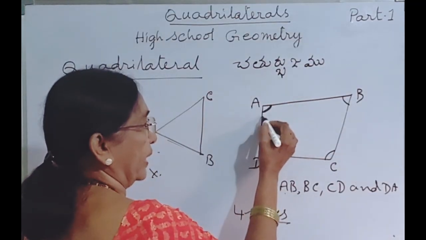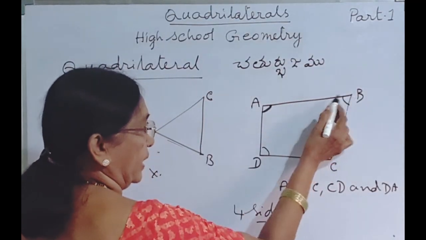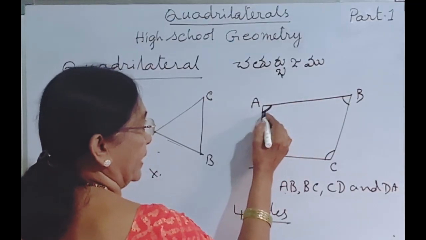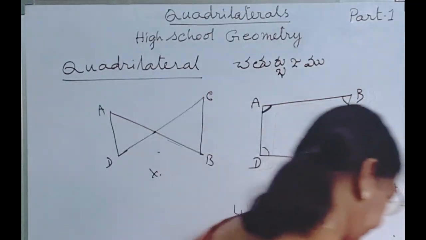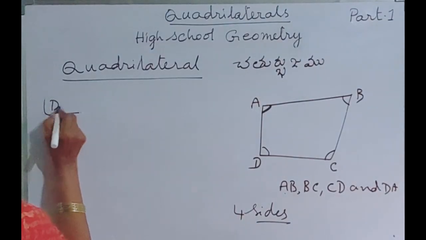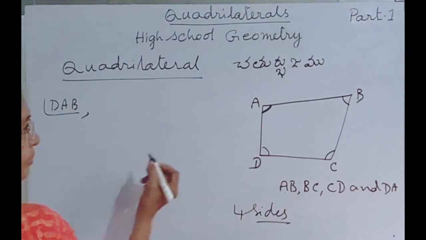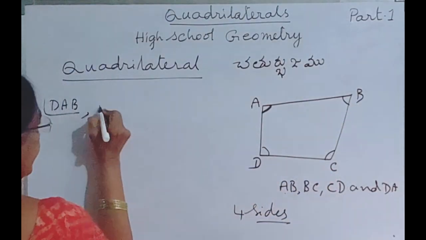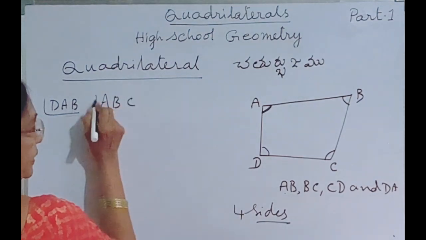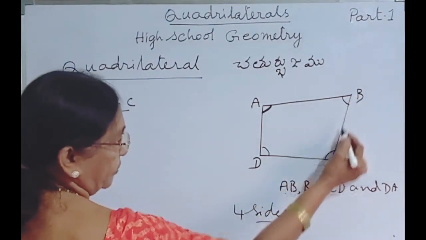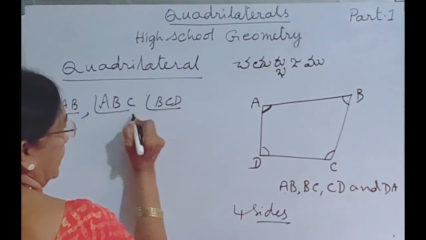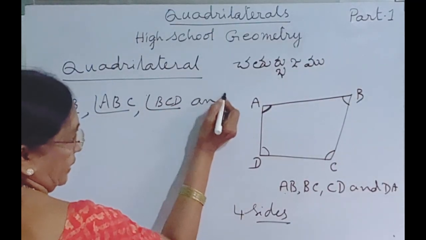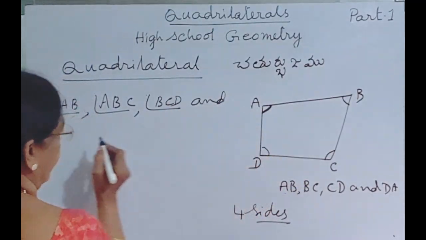The angle at A is written as angle BAD. This angle is read as angle BAD, angle DAB, angle ABC, angle ABC and angle BCD, angle BCD and angle CDA.